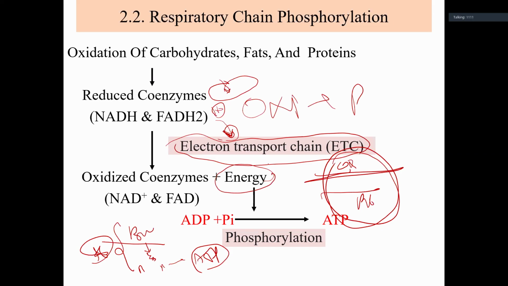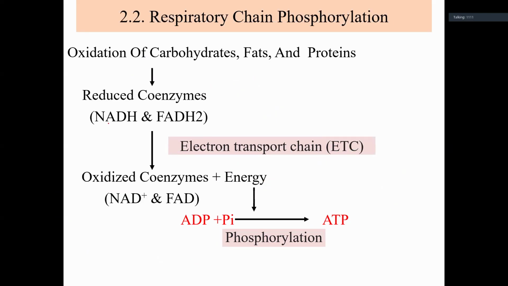Okay. So for example, I will give you one clear example. This NAD, when it brings hydrogen to the electron transport chain, will go through one reaction, second, third, fourth, fifth, like 10 reactions. And then this will release energy. Not all the reactions give you energy that much which adds phosphate.